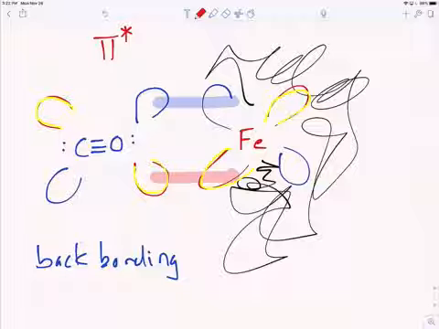And I'm drawing it with the Lewis structure there. The carbon monoxide has unoccupied pi star orbitals. So this anti-bonding orbital is unoccupied, and it has the same sign and shape as a d orbital, or I shouldn't say the same. They're very similar.